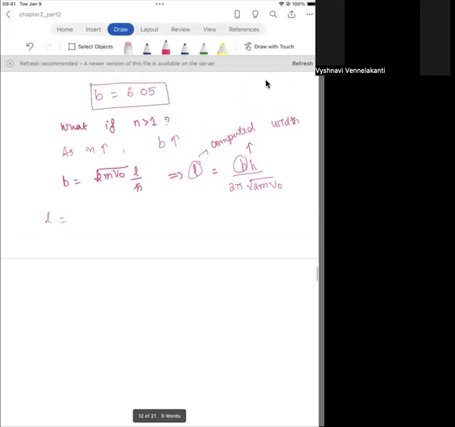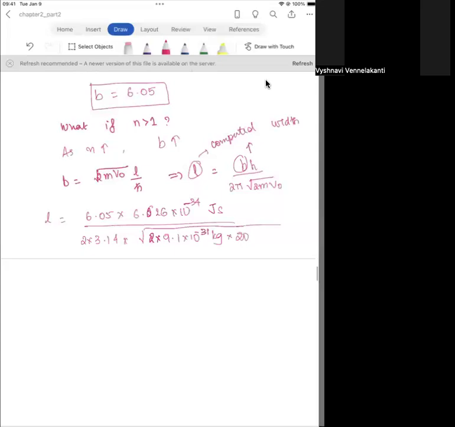So L is going to be 6.05 times 6.626 times 10 to the power minus 34 joule second, divided by 2 pi. We have the mass of the electron, 9.11 times 10 to the power minus 31 kg, at 20 electron volts, 31.6 times 10 to the power minus 19 joule per eV.